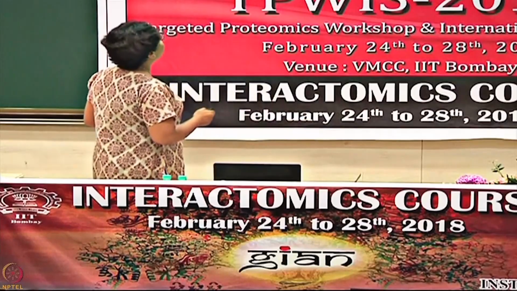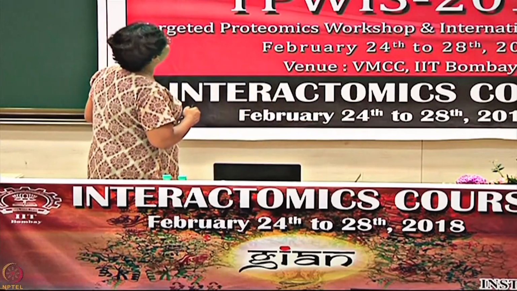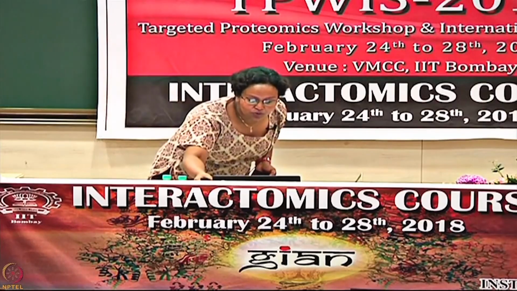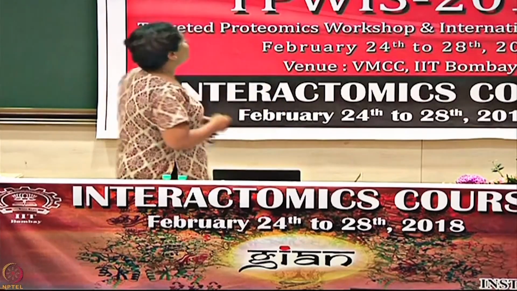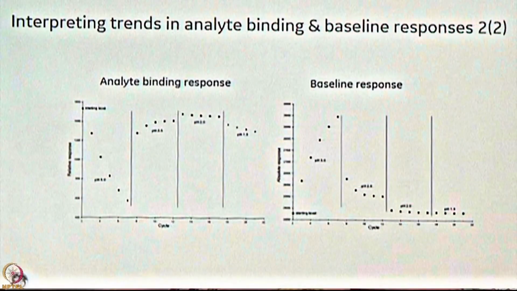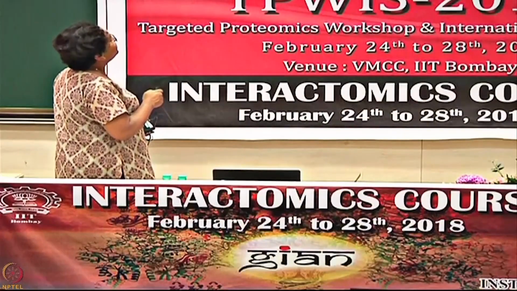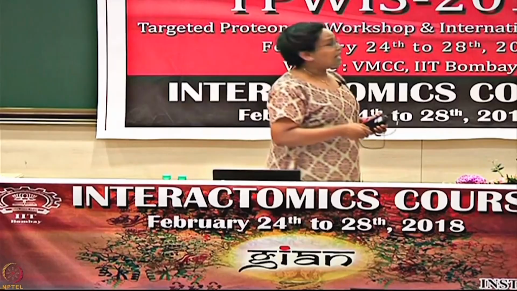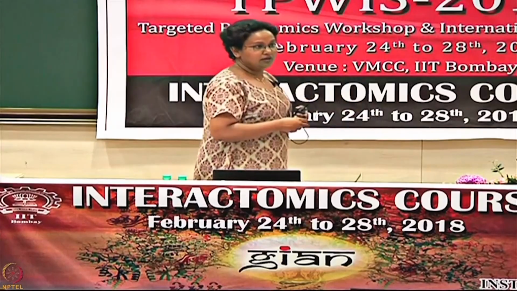So let's look at this situation. You have run 5 cycles each with pH 3, 2.5, 2 and 1.5. These are the regenerations done, and you are looking at the analyte binding here and the baseline response here. If you see at 3, the analyte binding is dropping and your baseline is increasing.